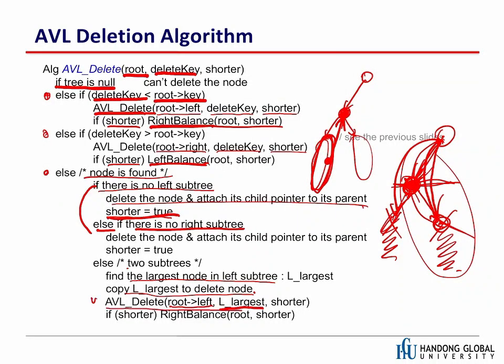So we call this AVL delete function recursively. And then if it is shorter, basically this part is similar to this part. So if it is shorter, then we should call right balance. I think this is kind of a typo. See the next slide for this right balance.